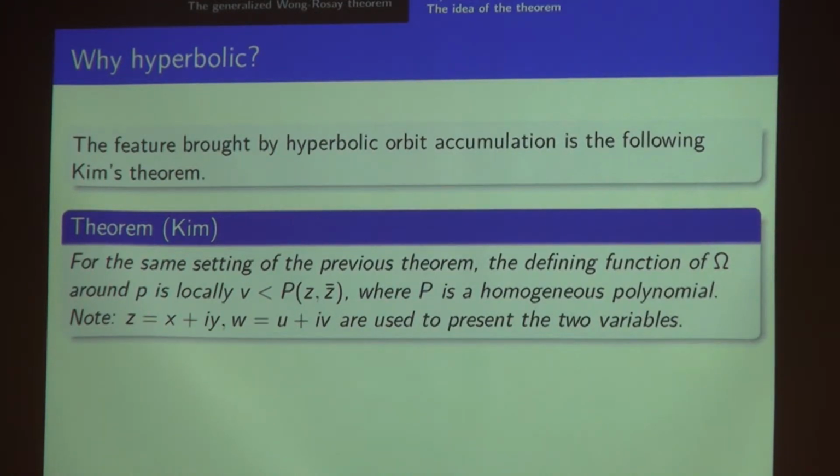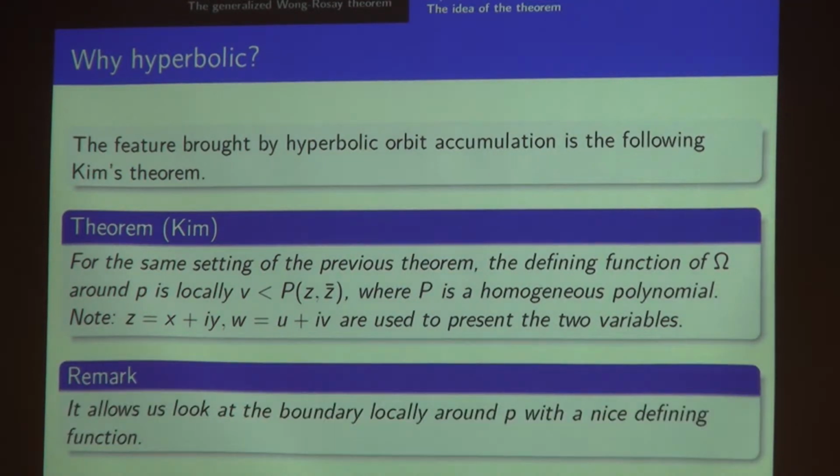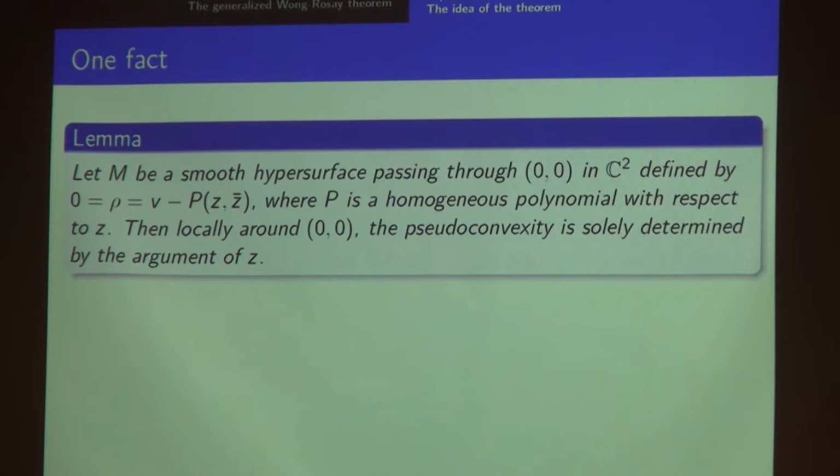Note we write z equals x plus iy and w equals u plus iv because it's in C2. We're just going to use this nice defining function, because in this case we have v equals a homogeneous polynomial of z, which is very nice.